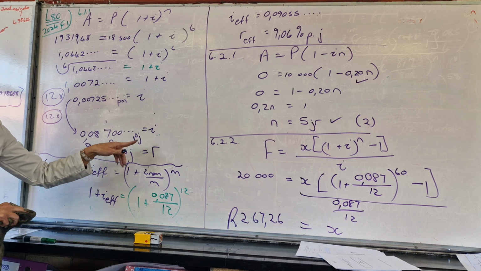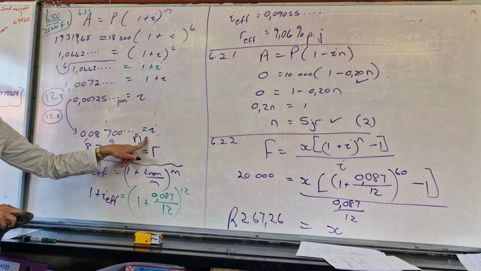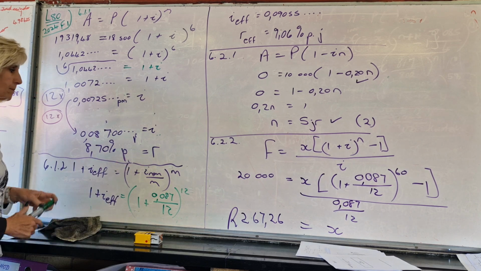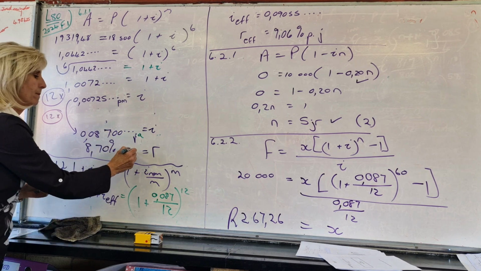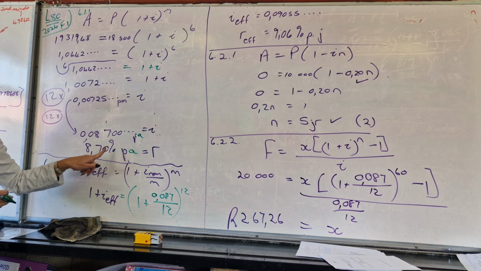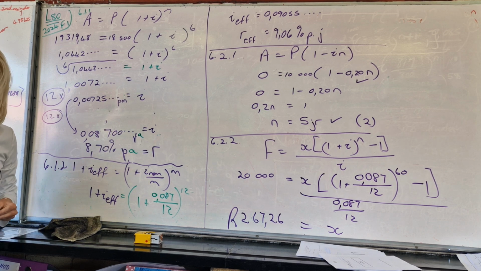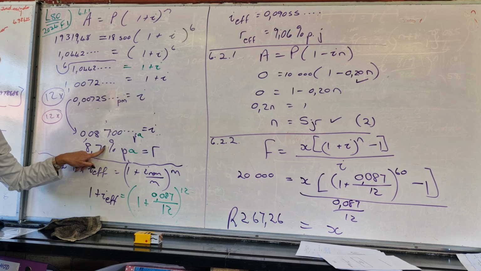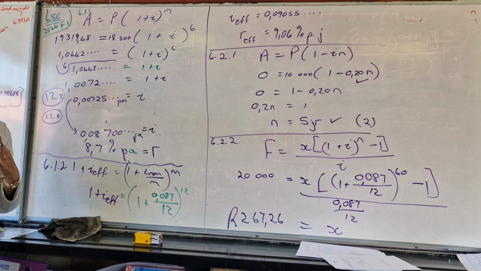0.087 what per year, or per annum is the better thing for the English. Per annum or per year. So that you've got 8.70%, and now we always keep it to 2 decimals, right? Would I not give you a mark if you don't write the 0? That's not what it's about. You will not lose so many marks.